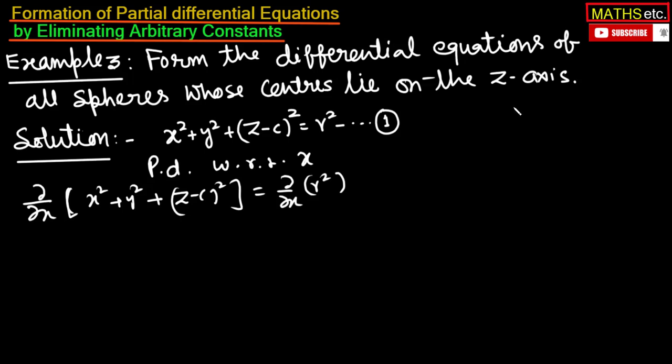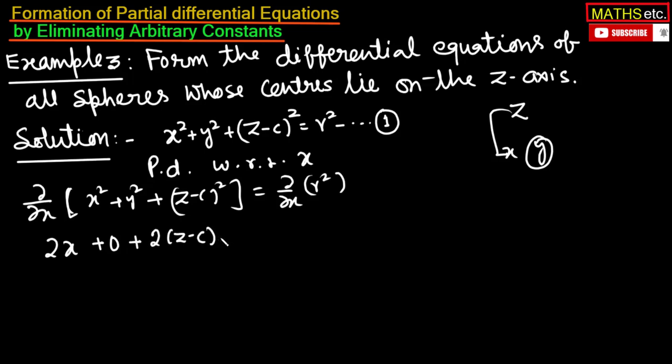Again, we have this diagram. Z is the dependent variable, x and y are independent variables. When we take the partial derivative of z with respect to x, y will be treated as a constant. So x square's partial derivative with respect to x will be 2x. For y square, it will be 0. Z is the dependent variable, so we will apply the chain rule here. The partial derivative of (z minus c) whole square with respect to x will be 2(z minus c) multiplied by the partial derivative of (z minus c) with respect to x, chain rule.